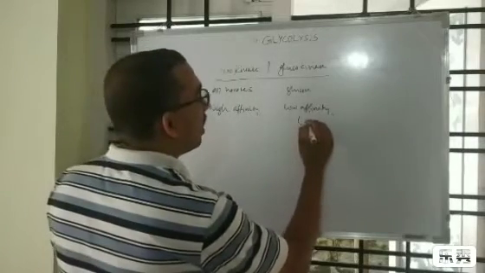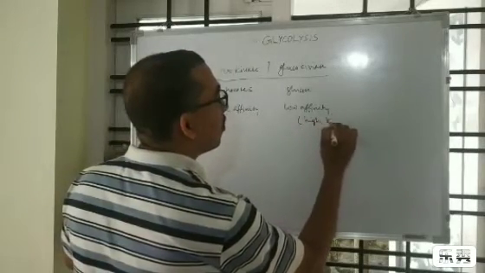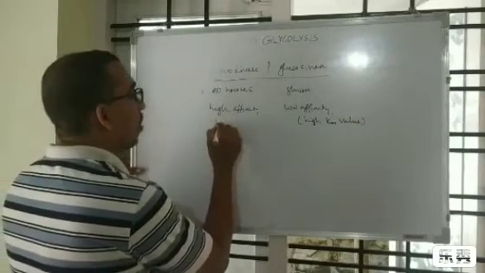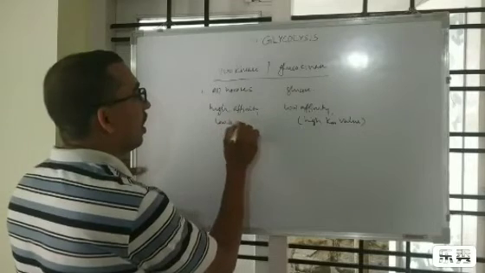That is, glucokinase has a high Km value, and hexokinase has a low Km value, that's why high affinity.